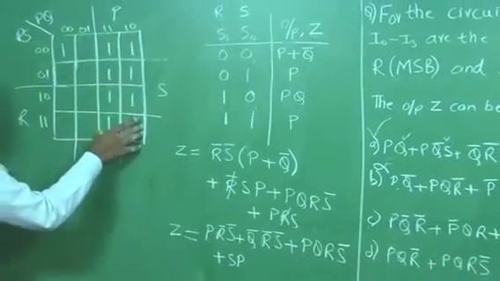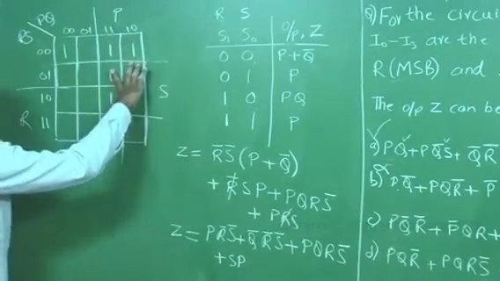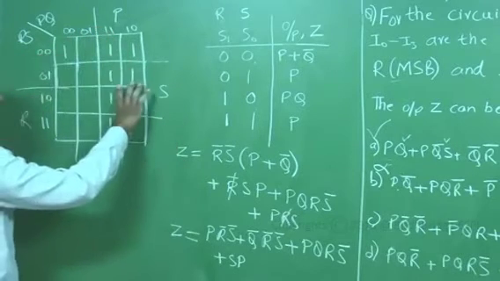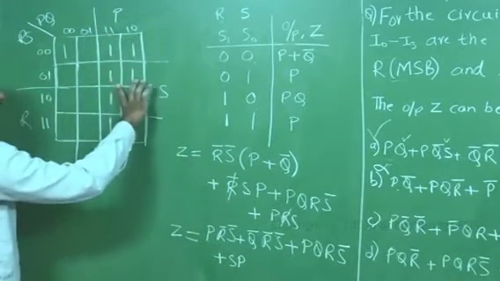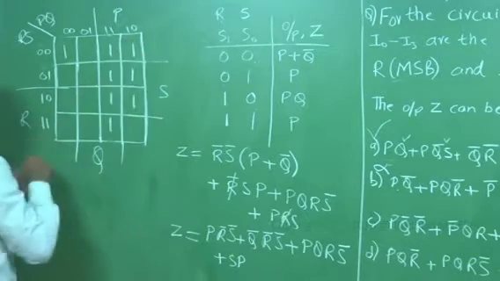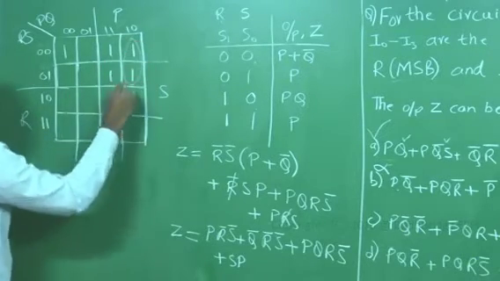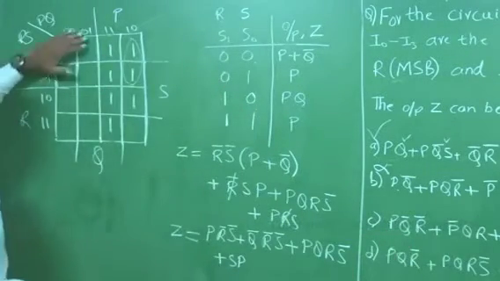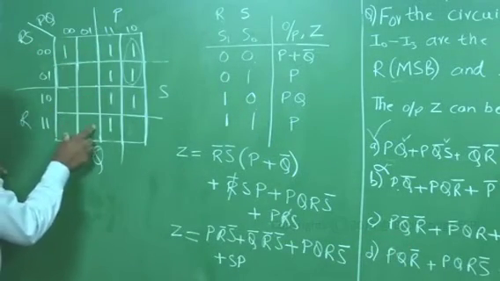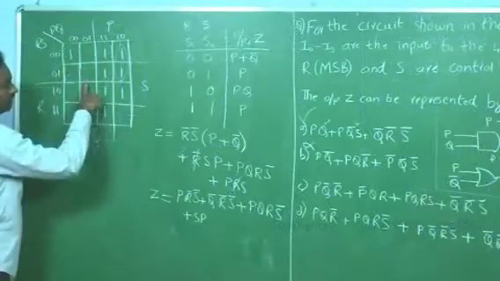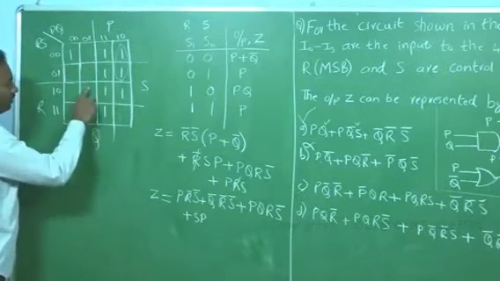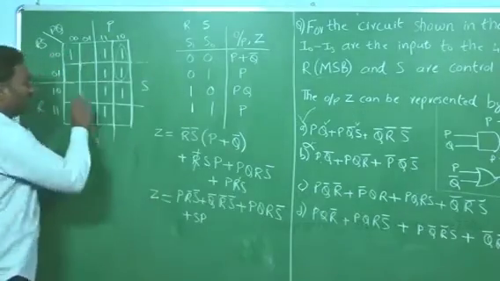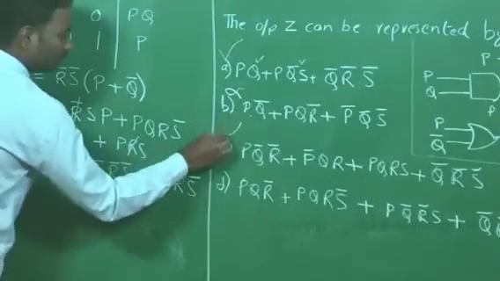This is the P region, Q bar region is these 4 cells, and R bar region represents these 2. These 2 are covered, right? Next, P bar Q R. The P bar represents these 8 cells, and Q means these 4 cells, and R is these 2 cells. But we don't have any minterms here, so this term is covering empty cells, so option C is also wrong.